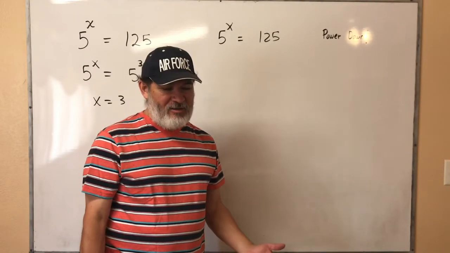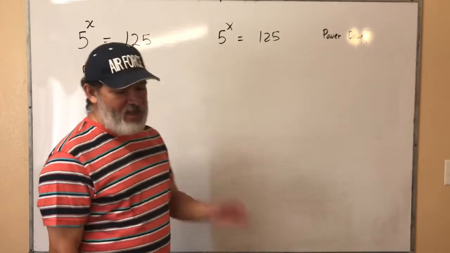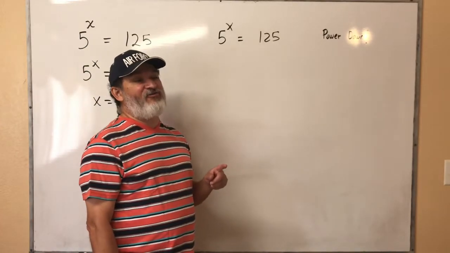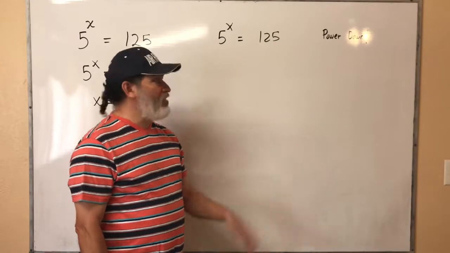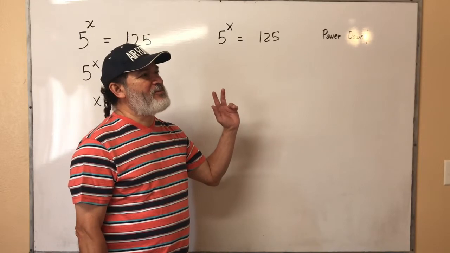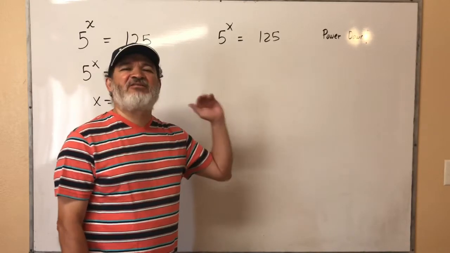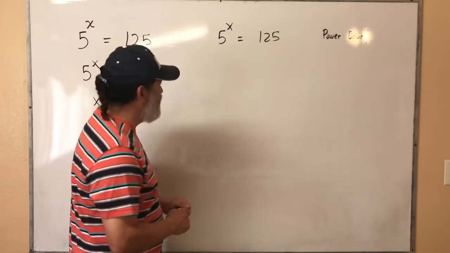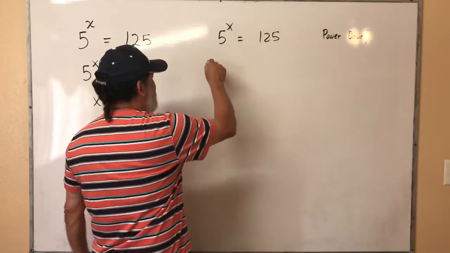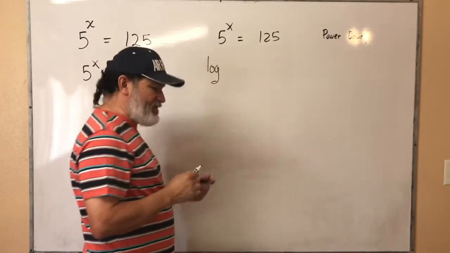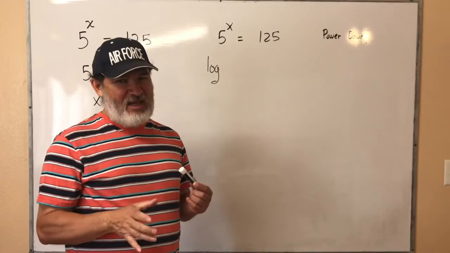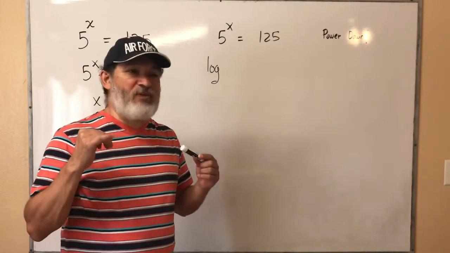Theoretically, any log. You can use log base 10. You can use log base e. You can also use log base 5. Let's use log base 10. Okay? Log base 10, that's the common log. Whenever the base is 10, you don't have to show it, but I'm going to show it to you guys. Right now I'm going to write base 10, but in the near future you don't have to write base 10.